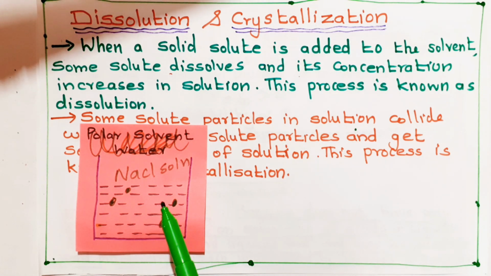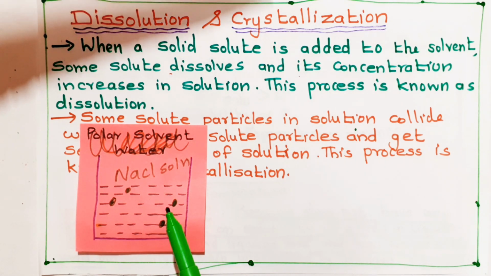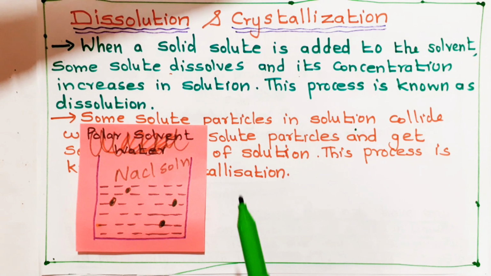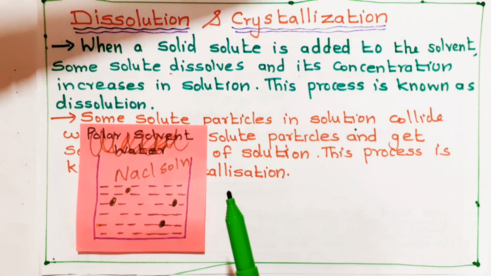If you wait again for some more time, when a stage is reached, these two processes occur at the same rate. Rate means speed. So when a stage is reached, these two processes occur at the same speed.